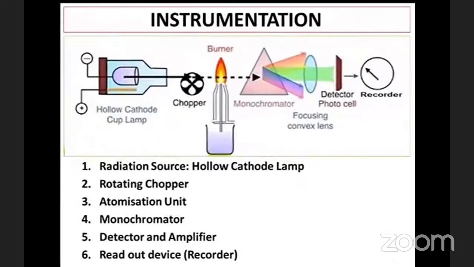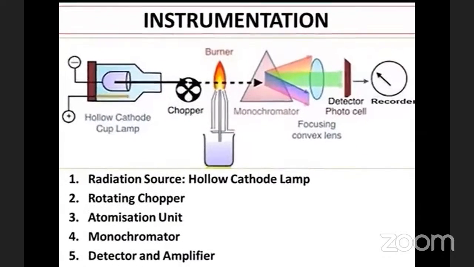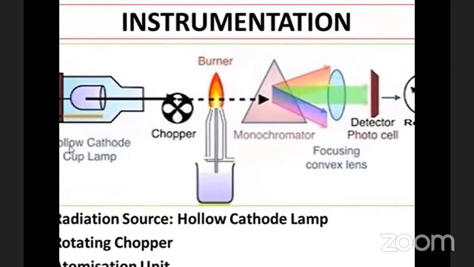This is the instrumentation of the atomic absorption spectrophotometer. The components are the radiation source, which is a hollow cathode lamp, the rotating chopper, atomization unit, monochromator, detector, amplifier, and lastly, the readout device, or you may call it a recorder.